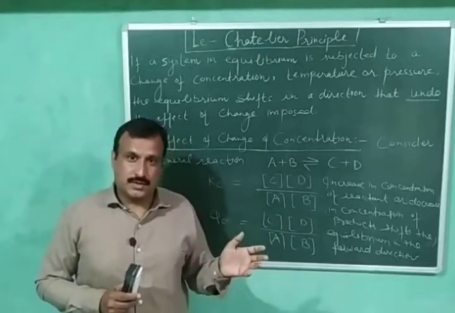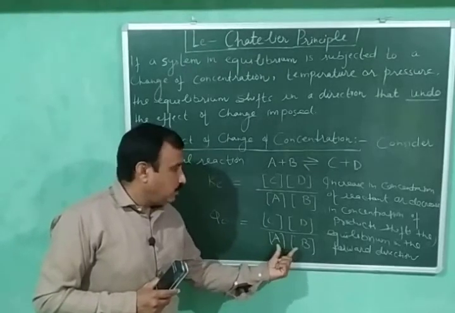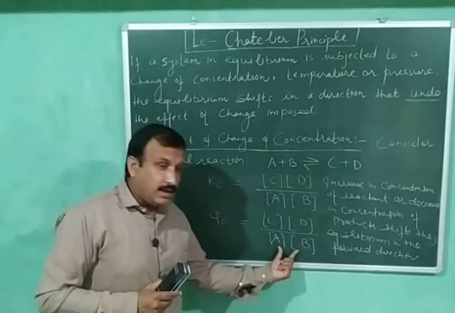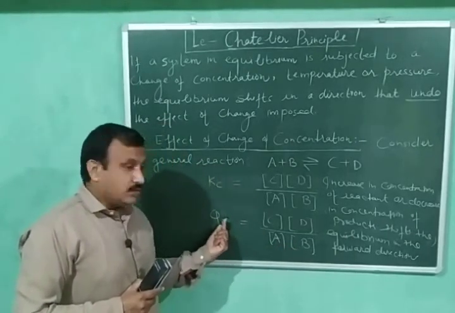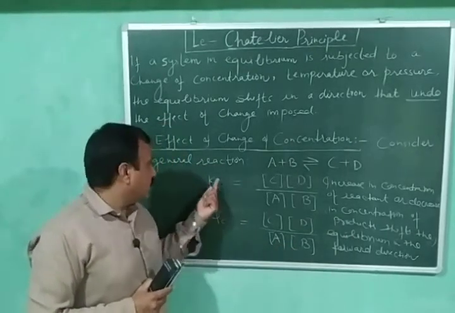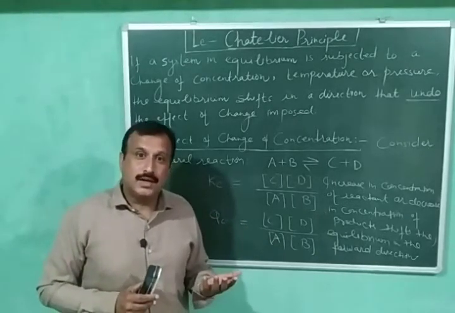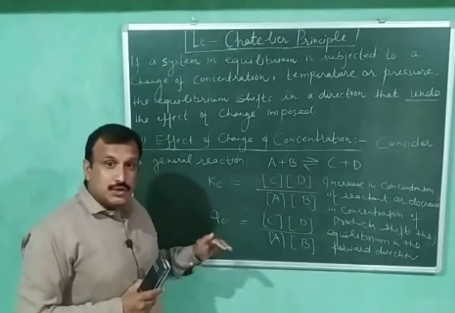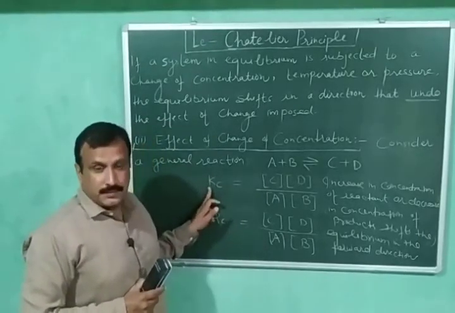And what will happen if we decrease the concentration of reactant by removing A or B from the reaction mixture? So when we remove A or B, then A and B will have less concentration, and A and B are present in the denominator, so the value of Qc will be more than Kc. And for the reattainment of chemical equilibrium, again the value of Qc should decrease and become equal to Kc again.